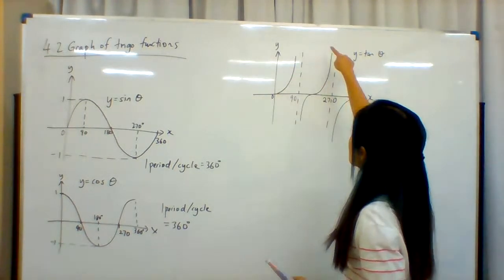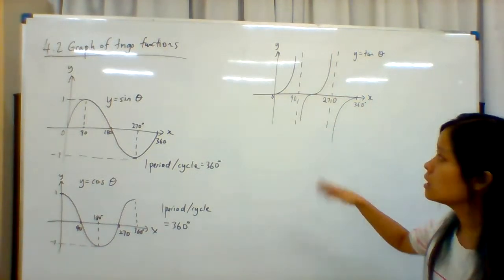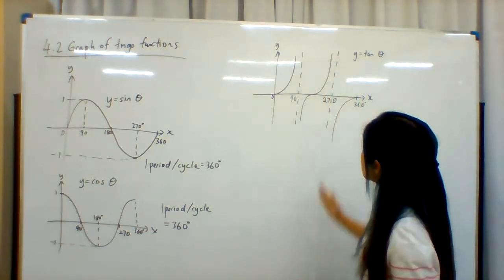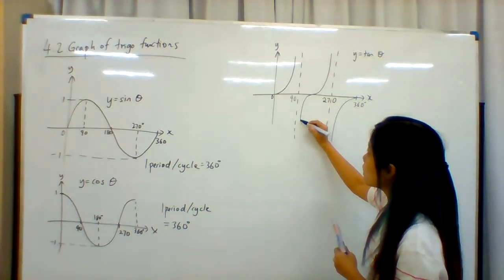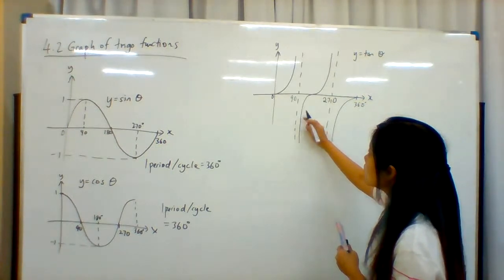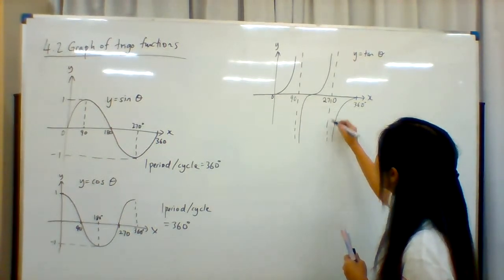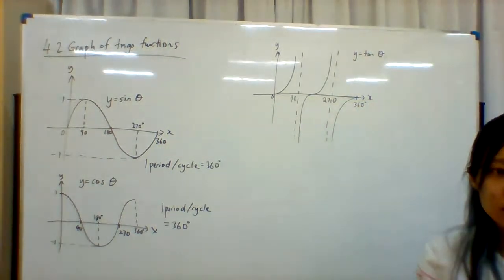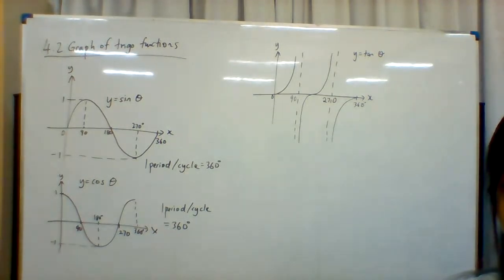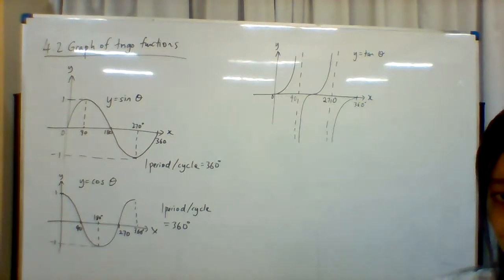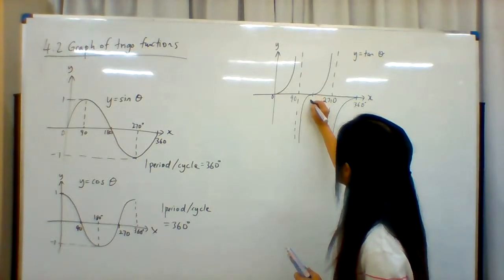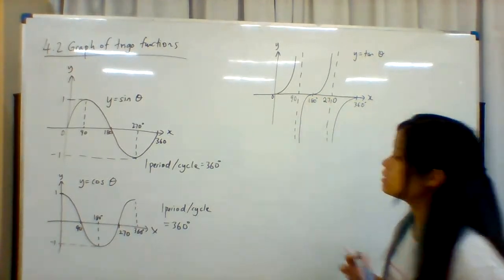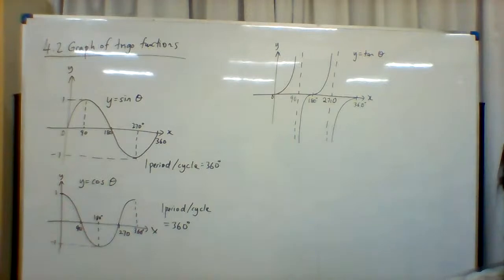You have this, and you have this, at 90 and 270. These are your asymptotes. Remember what I told you, asymptotes? That means when you extend your graph, it might get nearer and nearer to the asymptote, but it will never touch the asymptote because we do not have any solutions on those lines. So remember where your asymptotes are, at 90 and 270.